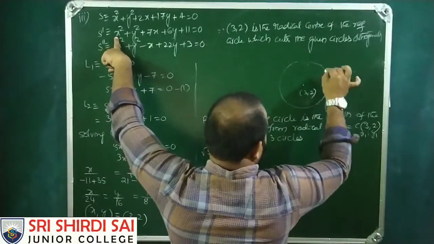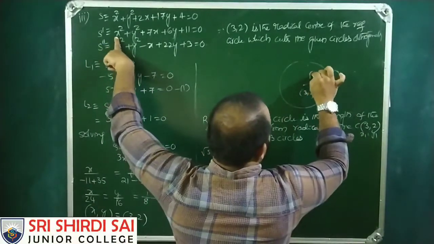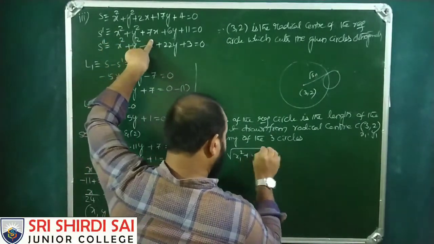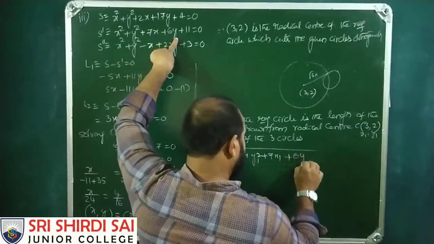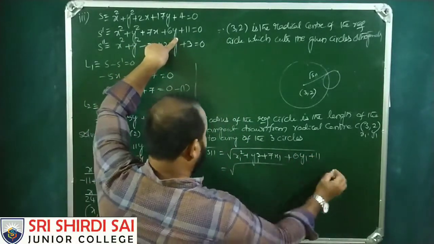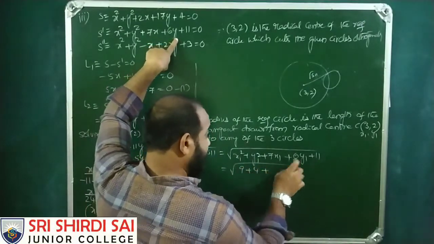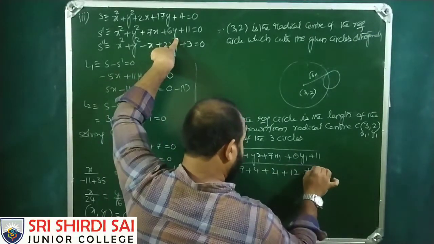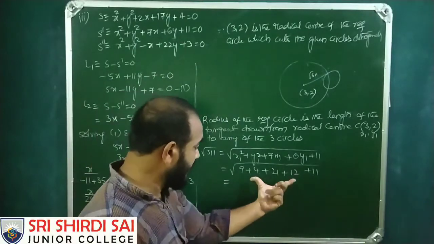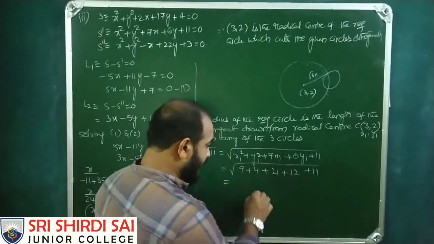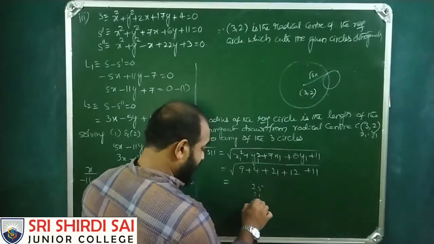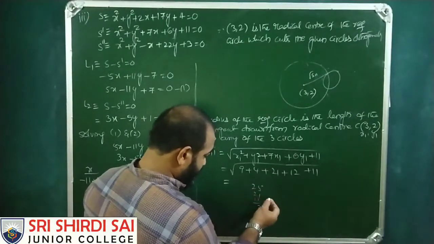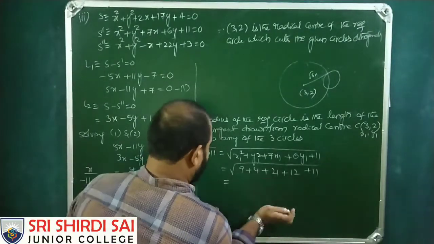So the third circle is there, so this is the length of the tangent, root S11. x1 square plus y1 square plus 7x1 plus 6y1 plus 11 equals 3 square 9, 2 square 4, 7 3s are 21, 6 2s are 12, plus 11. 9 plus 4 is 13, 13 plus 12 is 25, 25 plus 21 plus 11 is 57, so root 57.